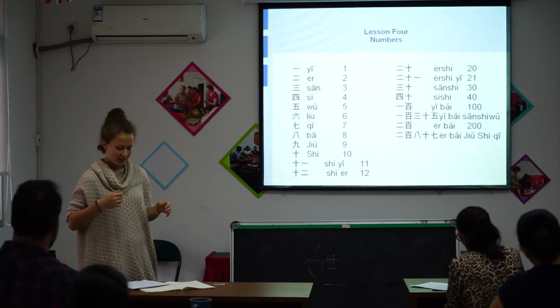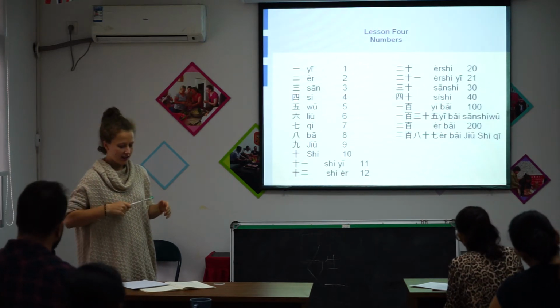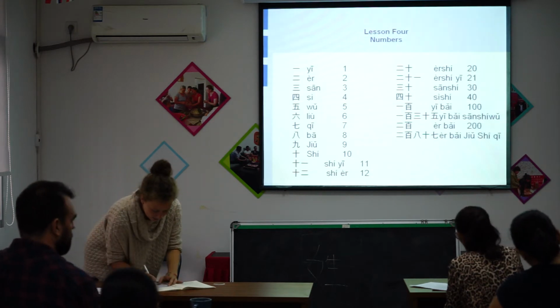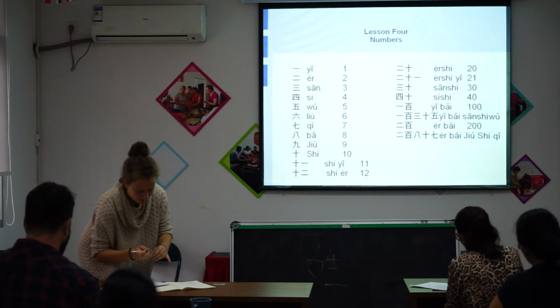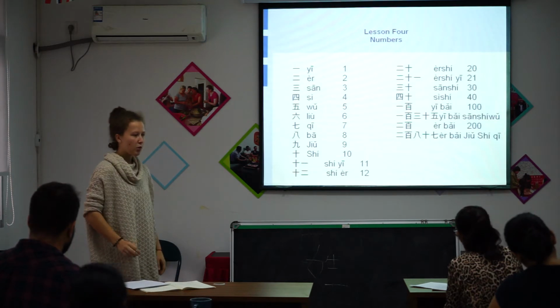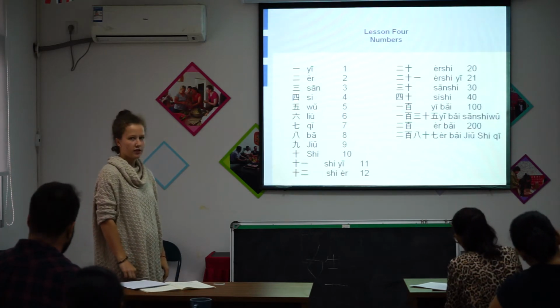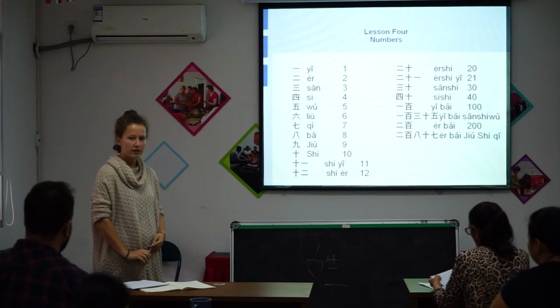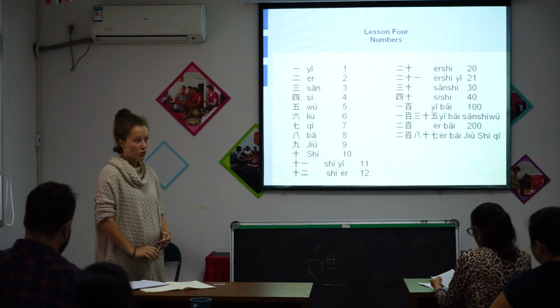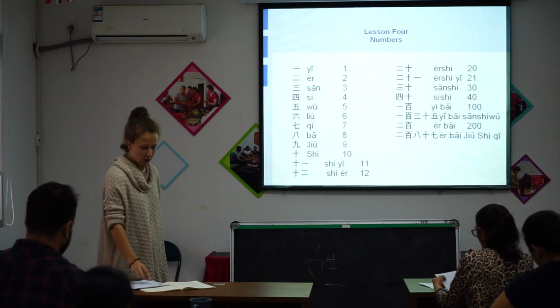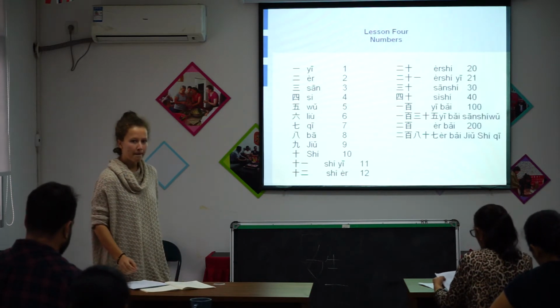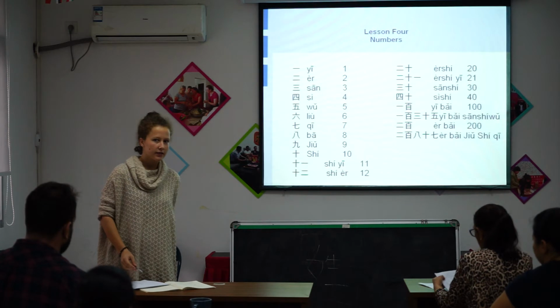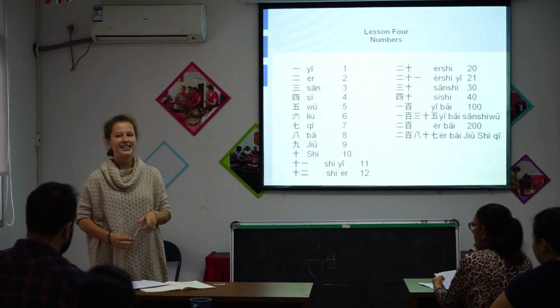So let's check it. What was number 1? 25. Yes. How do you say it in Chinese? 25. Number 2? 870. 878.